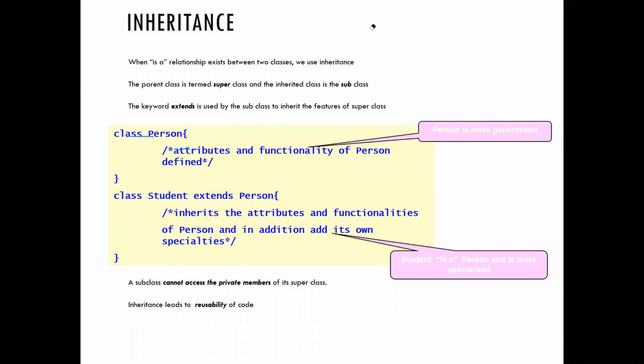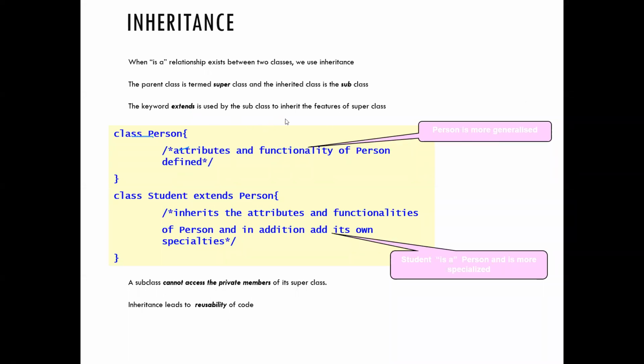Okay. Now, inheritance. I talked about it, but let me go through this once again. You will realize inheritance when it is an is-a relationship. For example, a cat is a type of animal.